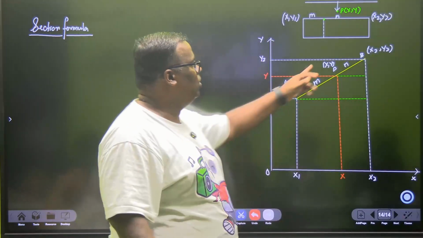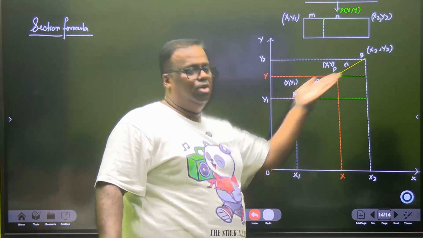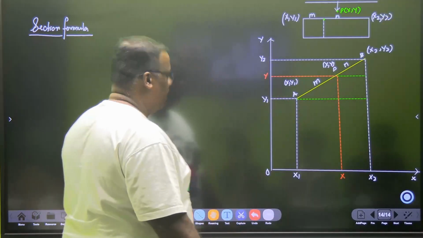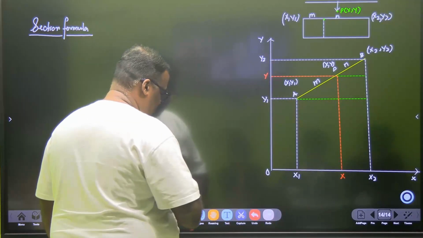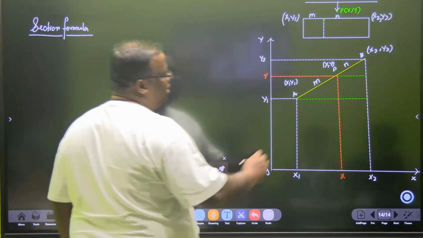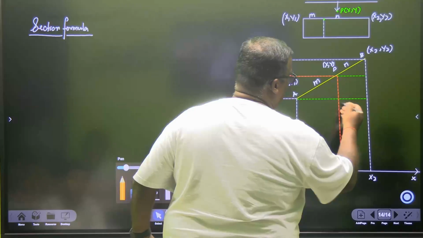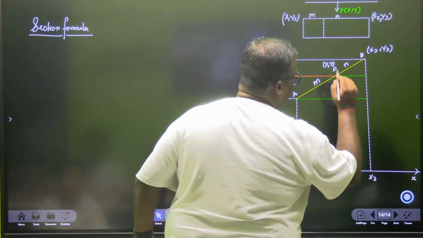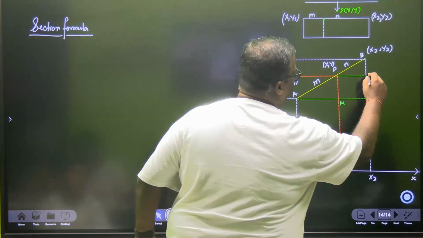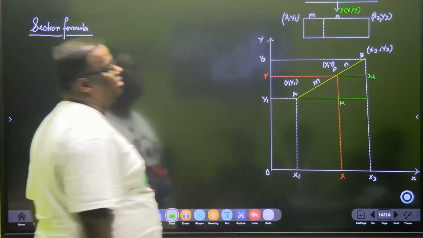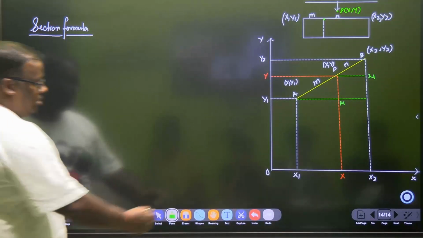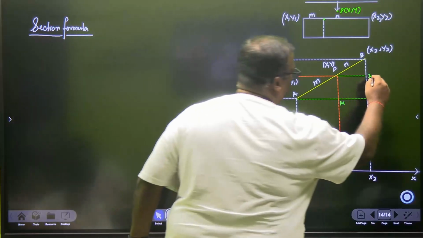And P has a coordinate (x, y) because that P is dancing out here. So P is (x, y). All right. We'll give some names now so that we fill up some triangles out here. So let's say this is AP, I'm naming this as M and I'm naming this as N.